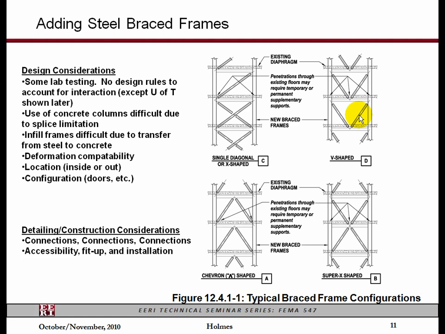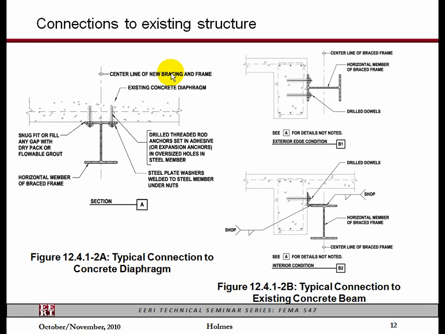It's much harder to make these connections than it is to make steel brace frame connections to existing steel, because you can use all the standard connection methodologies, bolts and welds, but for connecting the steel to concrete, it's much more difficult. Some things are pretty straightforward.